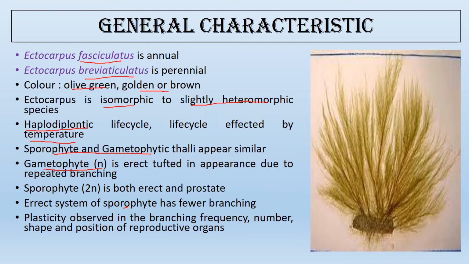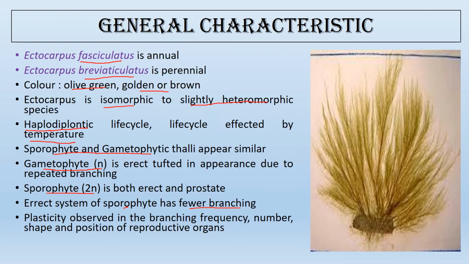It has a higher number of branches, but the sporophyte, that is the 2N generation, has fewer branches, and due to this fewer branching, it appears much less tufted than the gametophytic generation.